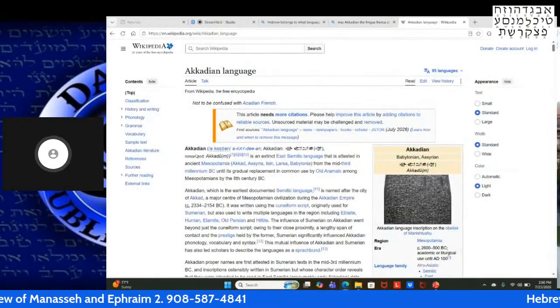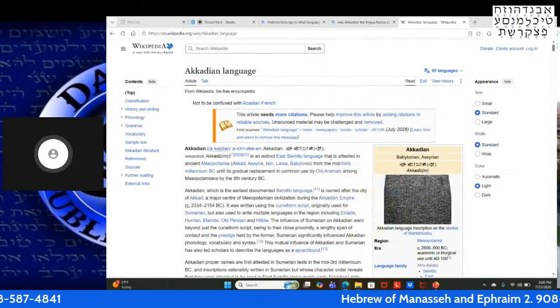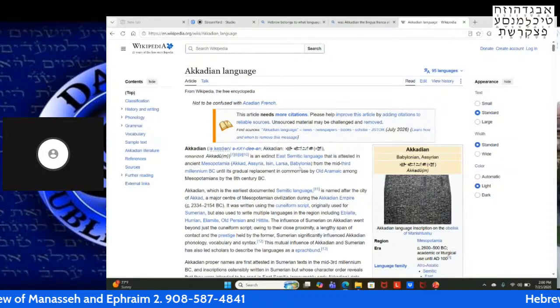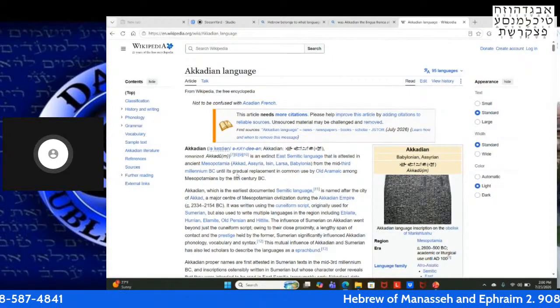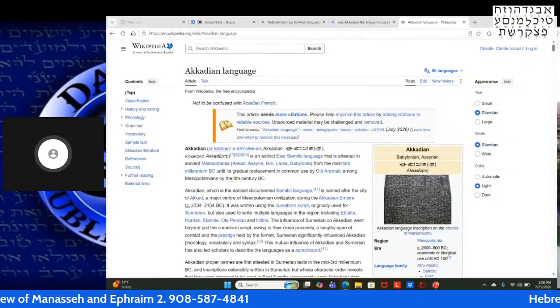Akkadian is an extinct East Semitic language that is attested in ancient Mesopotamia, Akkad, Assyria, Eastern Syria, Babylonia, from the mid-3rd millennium BC until its gradual replacement in common use by Old Aramaic among Mesopotamians in the 8th century BC.